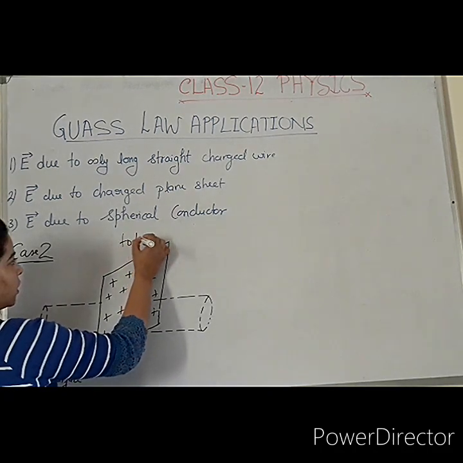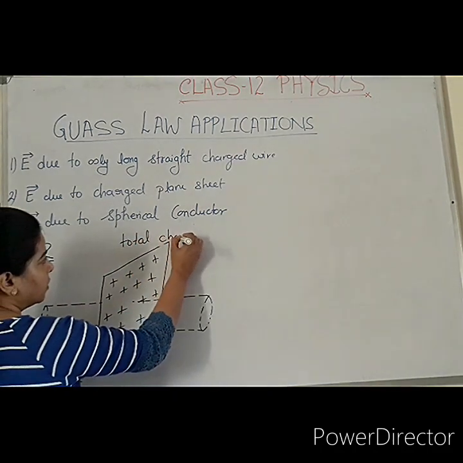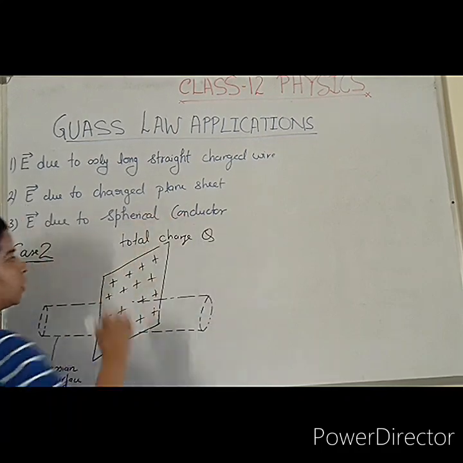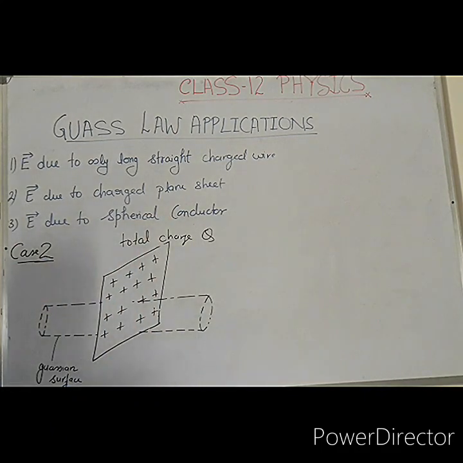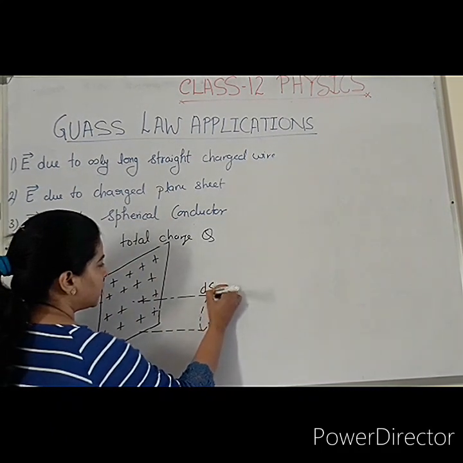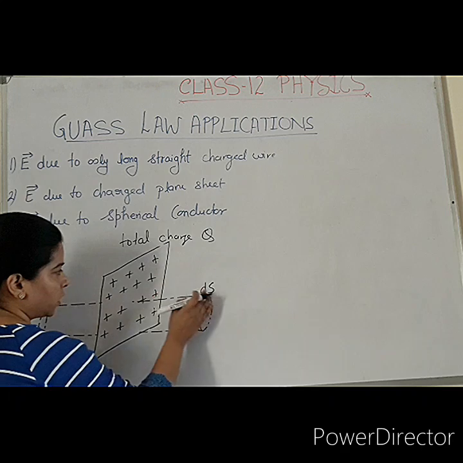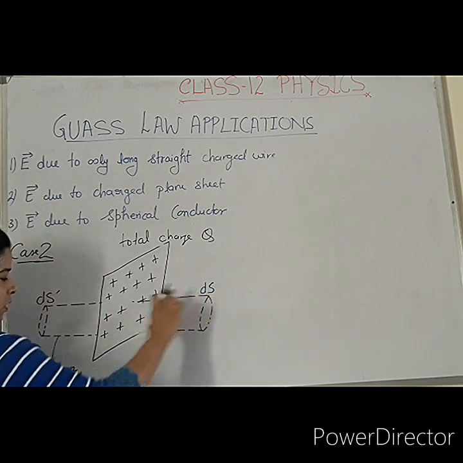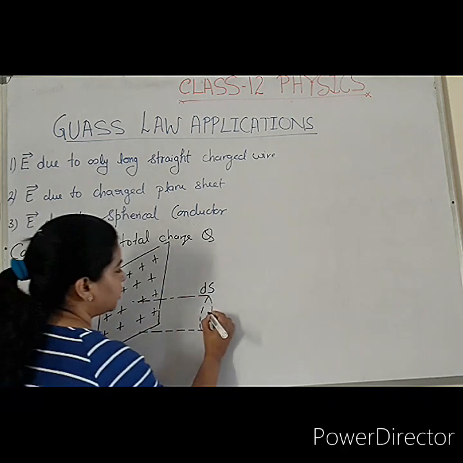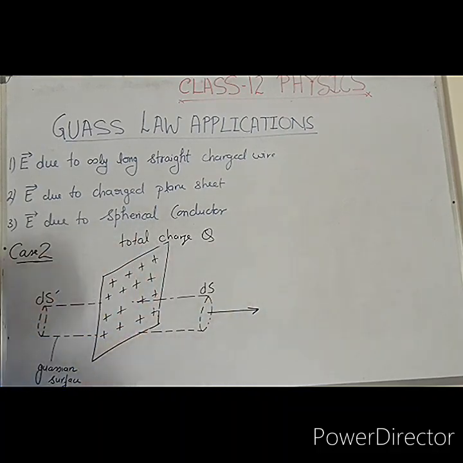Let the total charge here be Q. This is the total charge value. The surface area here is ds, and on this side it is ds dash. Now the electric field towards this ds surface area, due to this positive charge, is radially outward.